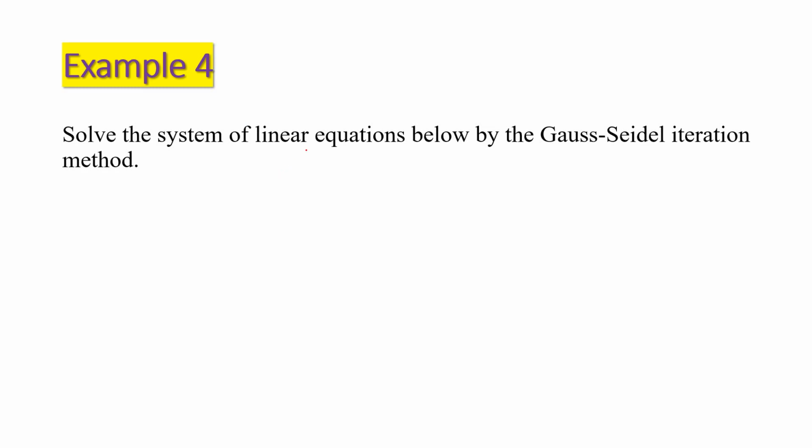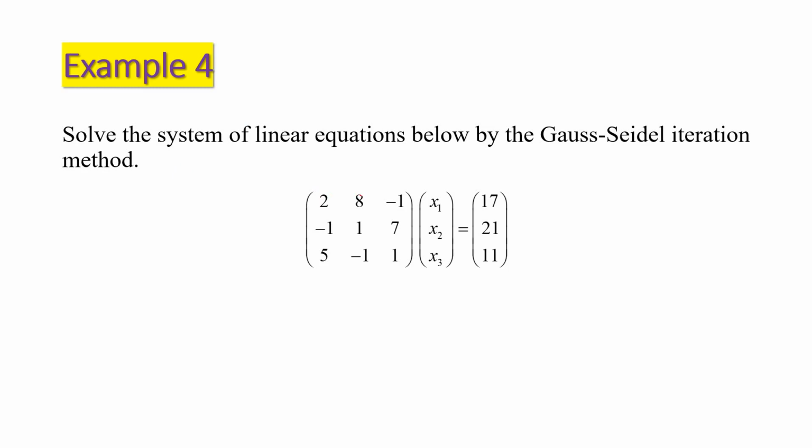Example 4: solve the system of linear equations below by the Gauss-Seidel iteration method. 2, 8, -1; -1, 1, 7; 5, -1, 1. This is our matrix A, this is our vector x, equal to vector b. First of all, make sure your matrix A is diagonally dominant.